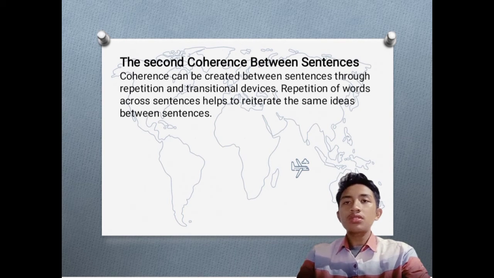Coherence can be created between sentences through repetition and transitional devices. Repetition of words across sentences helps to reiterate the same idea between sentences.